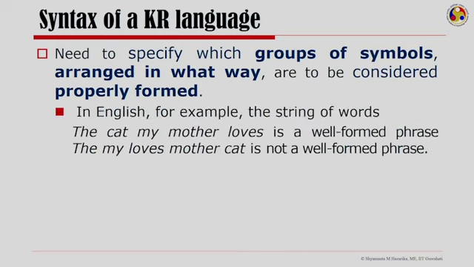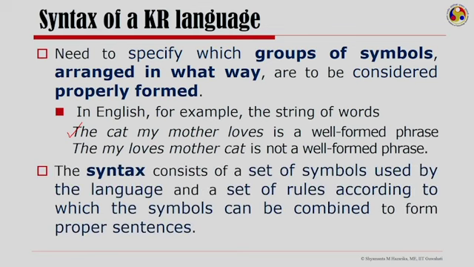So, in English, for example, if I take two strings, the first string, the cat my mother loves, actually is a well formed phrase. Whereas the next one, the my loves mother cat, is not a well formed phrase, and therefore the first passes the syntax of English, the second does not.